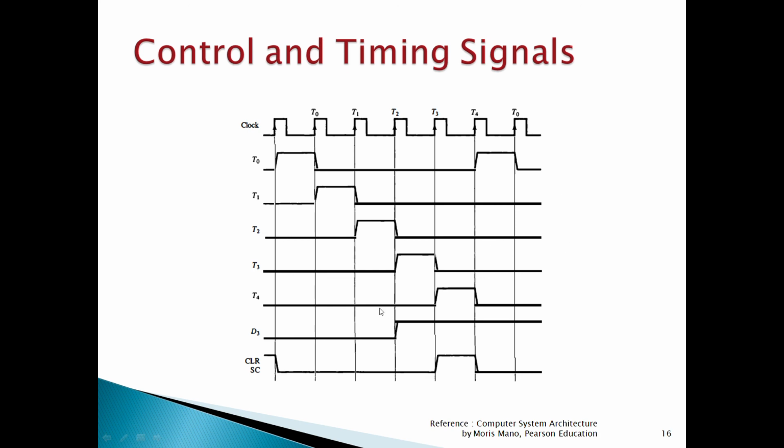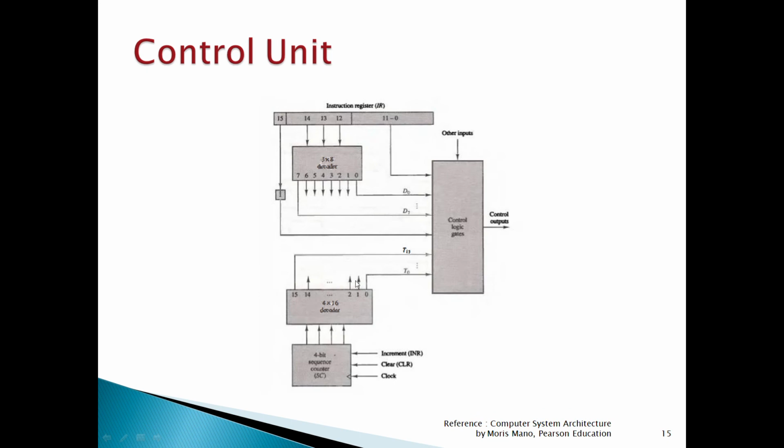Now see here about the input for D3. If we go back to the circuit, this decoder has been provided D0, D1, D2, D3, D4, D5, D6 and D7. So the 3x8 decoder has decoded the operation code into 8 operations.